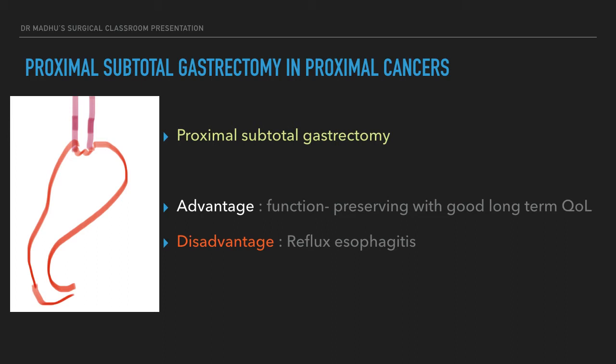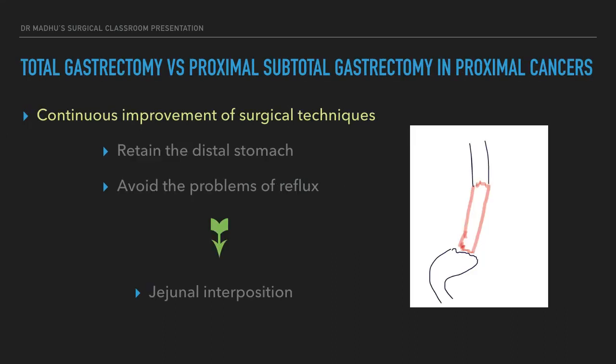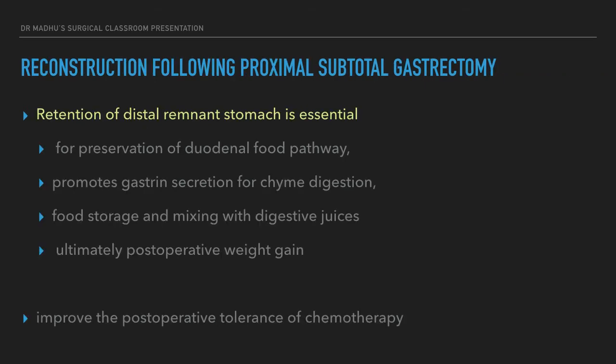This disadvantage is basically overcome by interposing a loop of jejunum, whereby the advantage of retaining the distal stomach is also maintained. So, the reconstruction follows as such by keeping a loop of jejunum between the esophagus and the distal stomach. This is called a jejunal interposition.